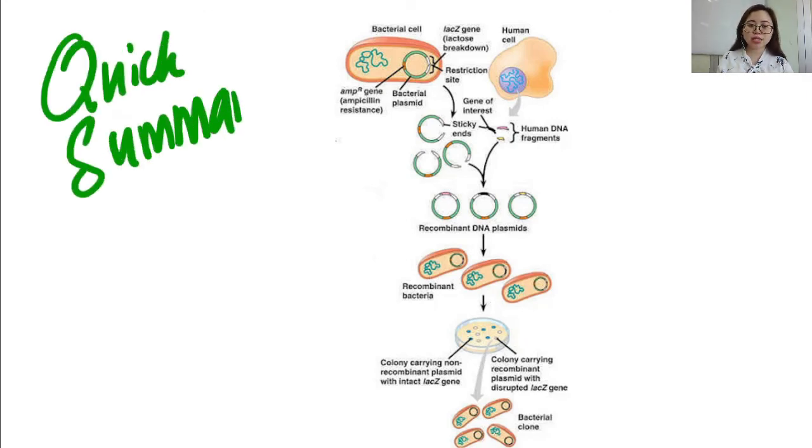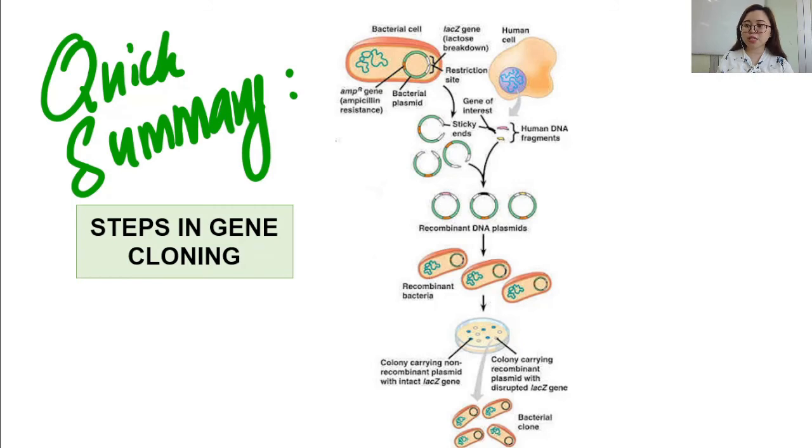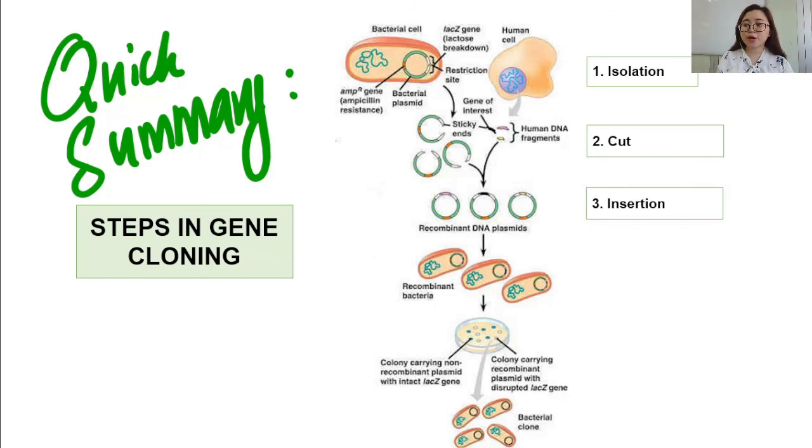Alright, so just a very quick summary of the 6 steps involved in gene cloning. The first step is isolation of target DNA and plasmid or vector. The second step is to cut or cleave the target DNA and the vector using the same restriction enzyme. Number 3 is insertion of target DNA into the vector, and modifying enzyme will ensure that they are glued together, they stick together.